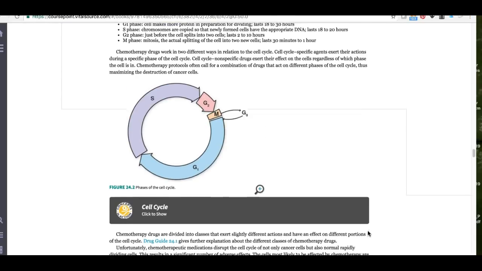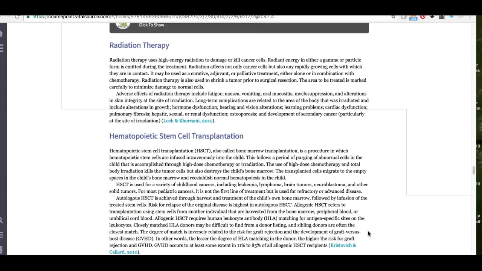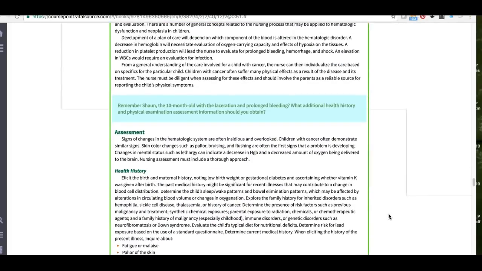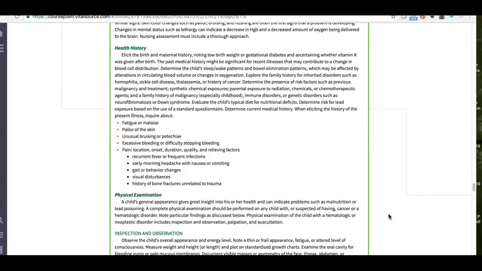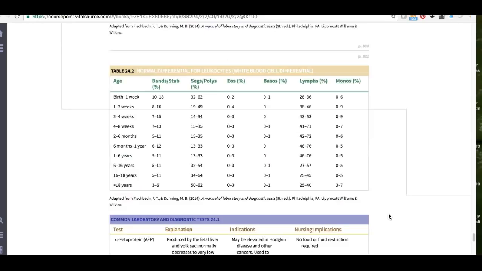Okay, I was looking for the chemo, the A and C. I thought it was right there, but it may be on down here. Okay, stem cell transplant. So we talked about the 3 stages.